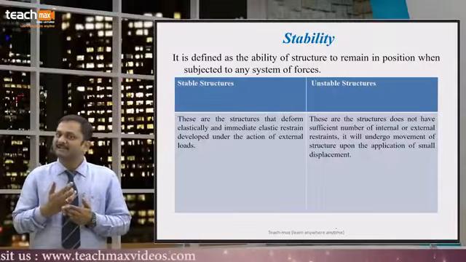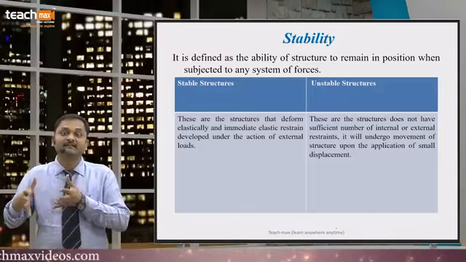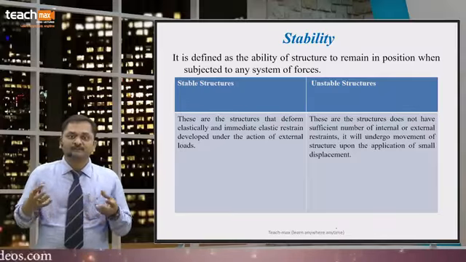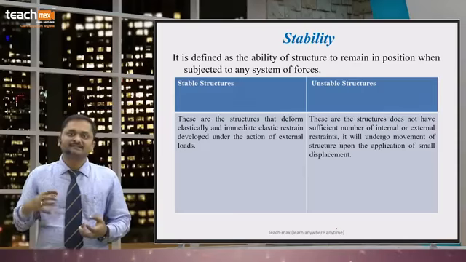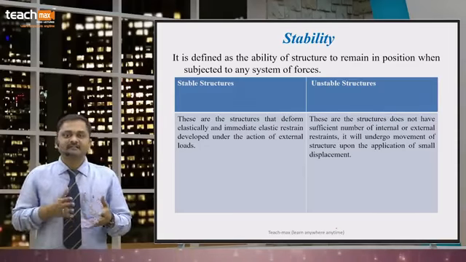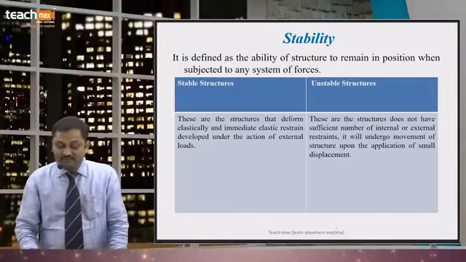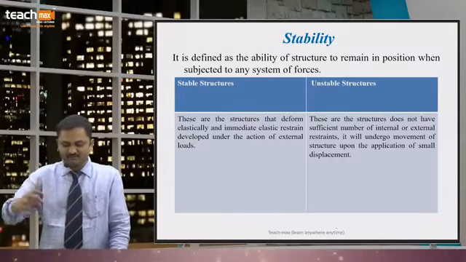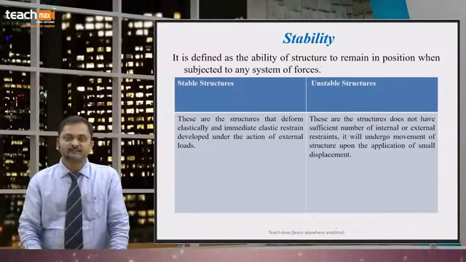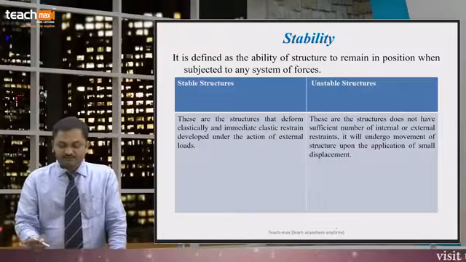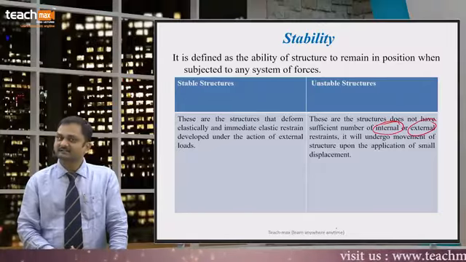If the number of members or number of supports is less than the requirement, deficient than required, then we say the structure is unstable, because only then does the structure become unstable. It will undergo movement upon application of small displacement. The structure may be internally unstable, it may be externally unstable.